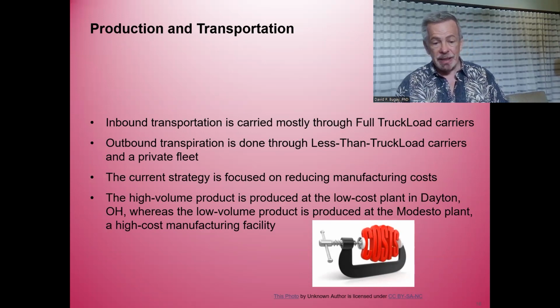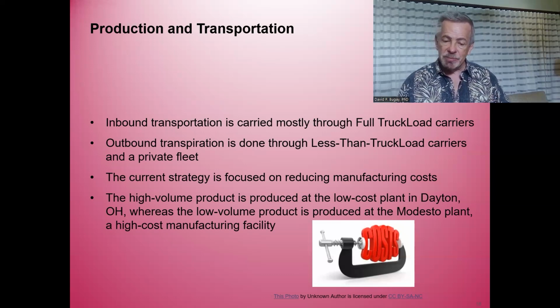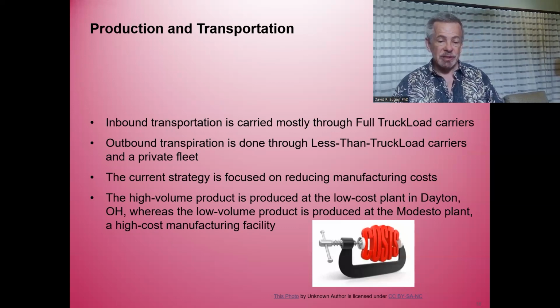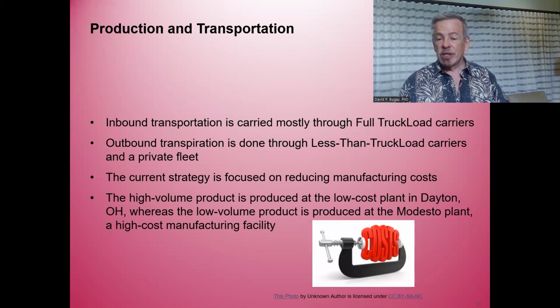That's a really sharp idea because you have volume, whereas a low volume product is produced in Modesto because you have a higher cost manufacturing facility. So between the two, you already have some intelligence happening in the process. The more expensive labor costs will house your low volume products, because no matter how much you produce, you're still going to have low volume. The high volume takes advantage of the cheap labor in Ohio, so you have a different dispersion of your overall cost.